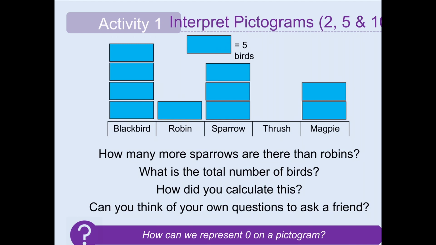Count with me. 5, 10, 15, 20, 25, 30, 35, 40, 45, 50. 50 birds in total. And the question then asks, how did you calculate this? Well, of course, we counted each block and we counted in 5s, because today, in this pictogram, the block means 5.